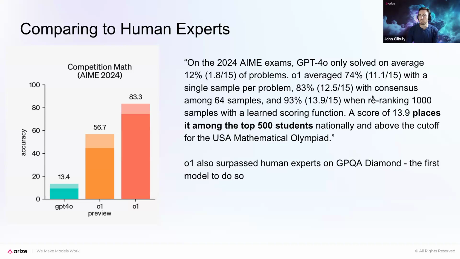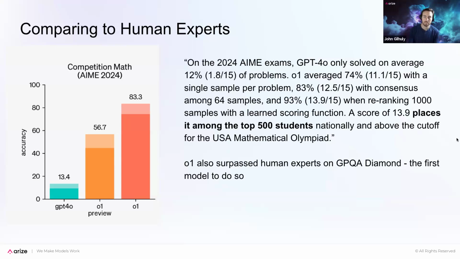But if they remove that restriction on how many submissions you get per problem, which is part of this competition, then they can take it all the way up to this 93, which is among the top 500 students nationally. So technically, if you remove that limit of submissions, for the US Olympiad, which is kind of fun, it's a very high scoring in that particular kind of problem set area.